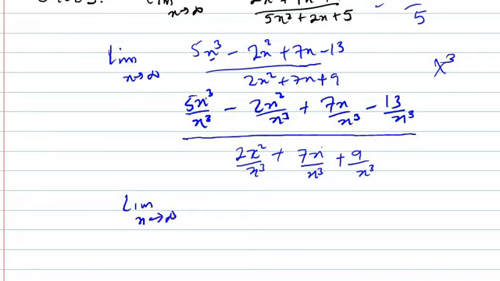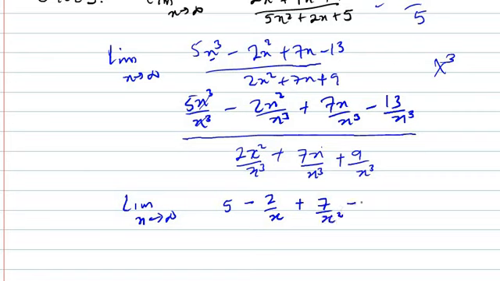So here x cubed by x cubed, this one goes with this one, so we have 5, and then minus 2 as the coefficient, x squared divided by x cubed, we have 1 over x, so we have 2 over x. For this one, x divided by x cubed, we remain with x squared at the denominator, so we have plus 7 over x squared.